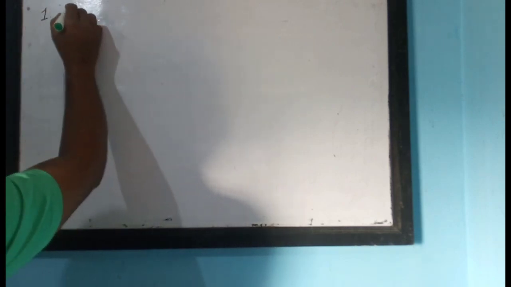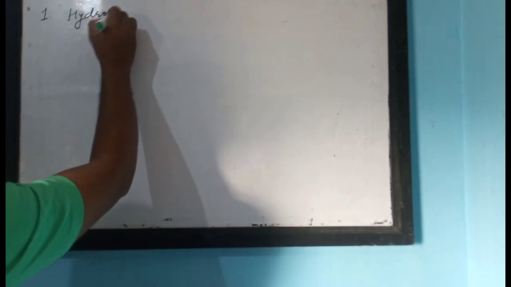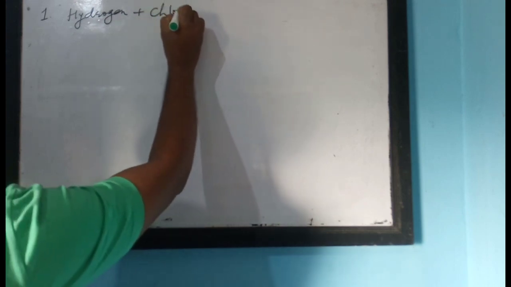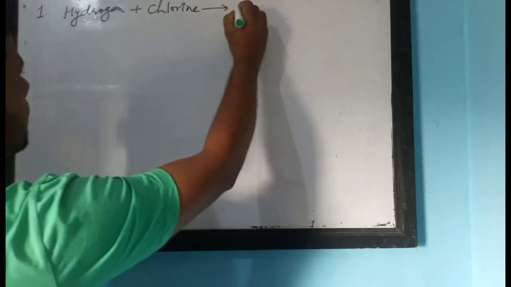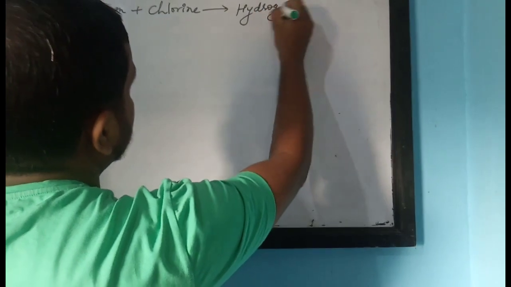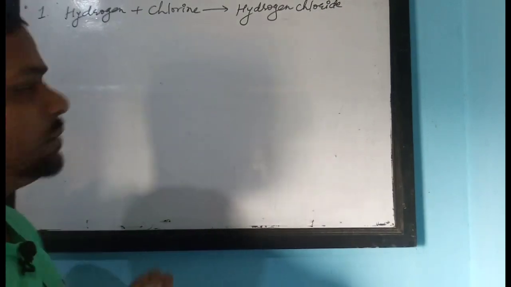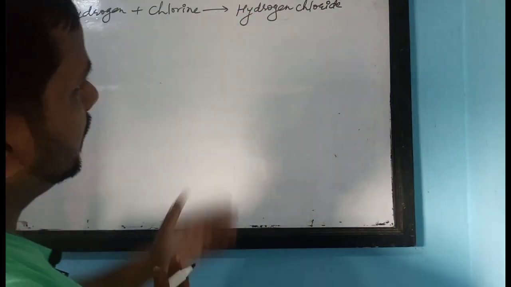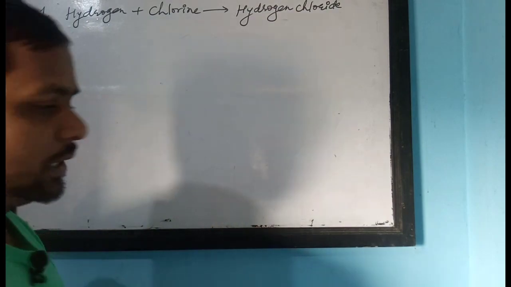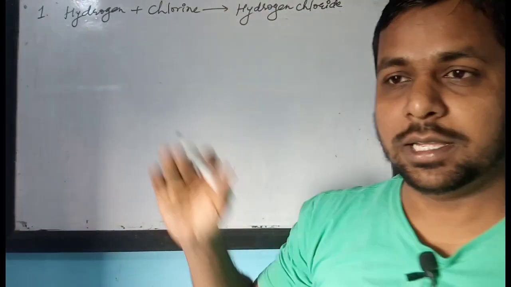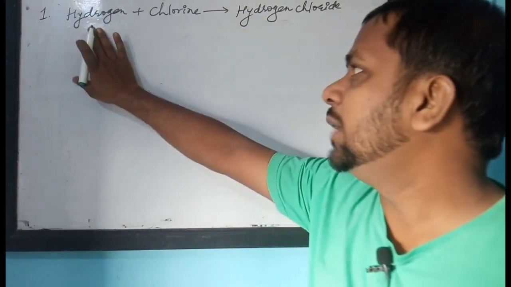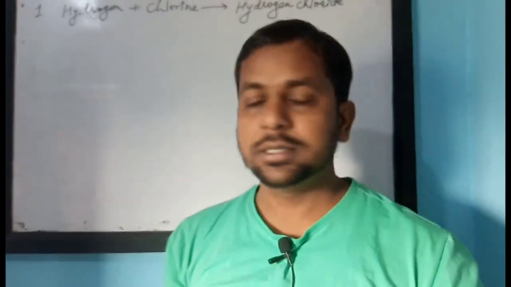Now we are going to write the formula equation, and also we are going to balance that equation. Let us start with some examples. Example number 1: hydrogen plus chlorine gives hydrogen chloride. Last time I said that while writing the symbol or formula, hydrogen is a diatomic element.